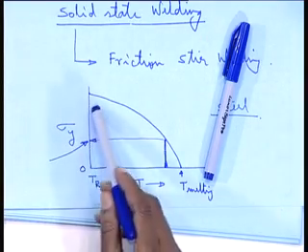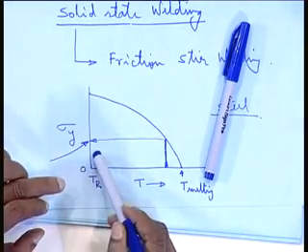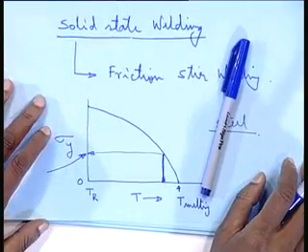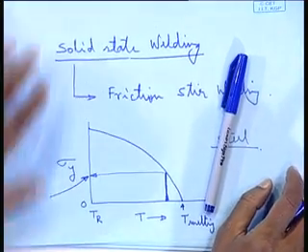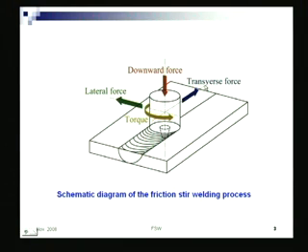This means the strength reduces as the temperature increases. So this tool material should be such that, even though there will be some reduction in strength once the metal is heated up, even after reduction it will have sufficient strength to withstand this transverse force, this traveling, because it will be pushing through.